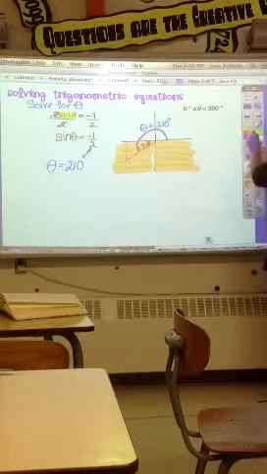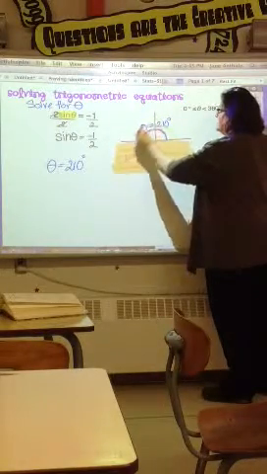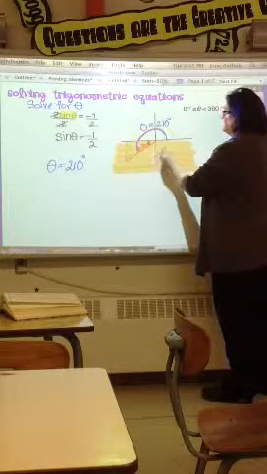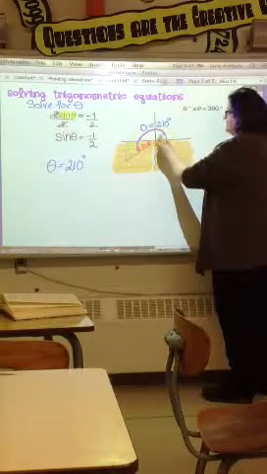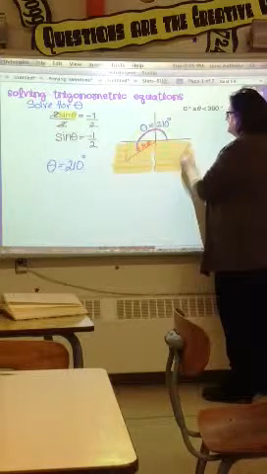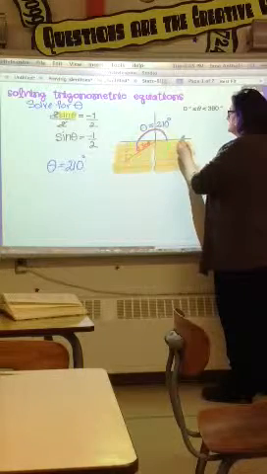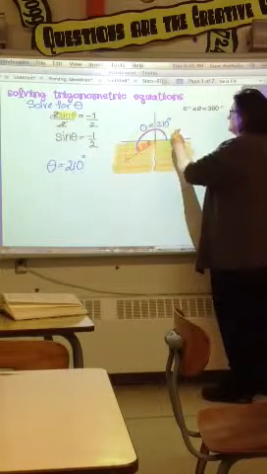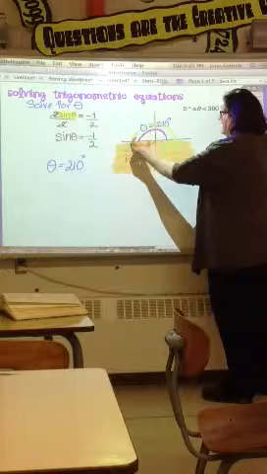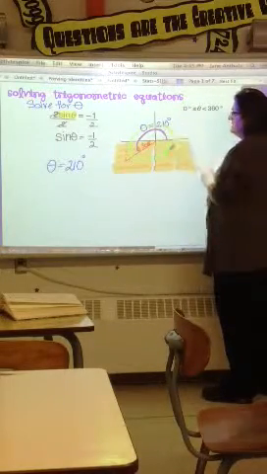The other place we could fall is that the angle could rotate around and stop in the fourth quadrant. Again, it stops so that its reference angle is 30 degrees. We're going around and we stop 30 degrees short of doing a complete rotation.